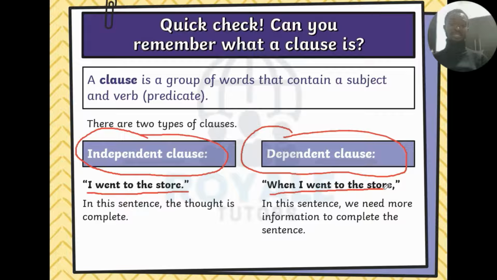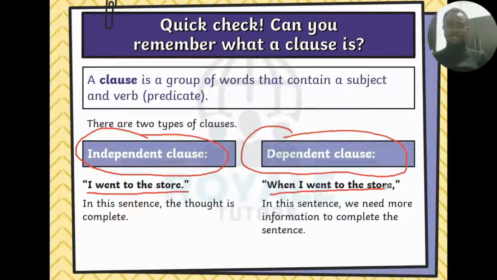That's not a complete expression. If someone says this to you, what would you say? Ah, when you went to the store, so what happened? Because that expression is not a complete one. Okay? So that is what we have for independent and dependent clause.